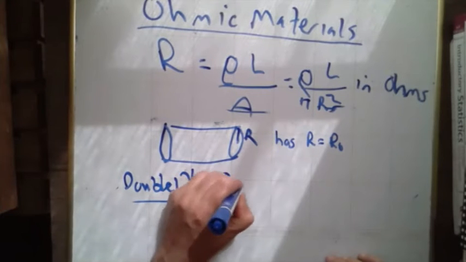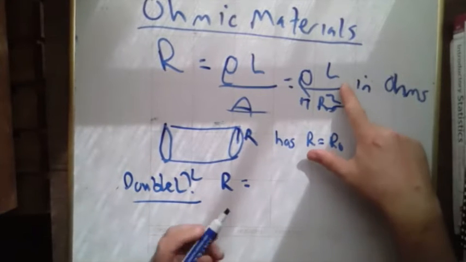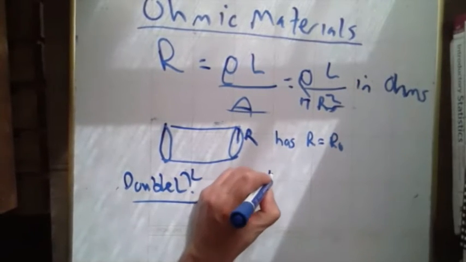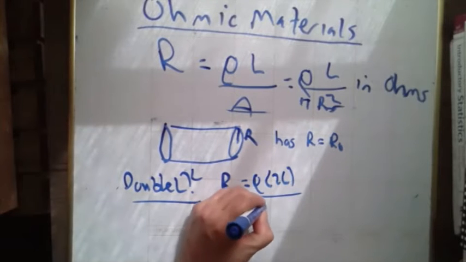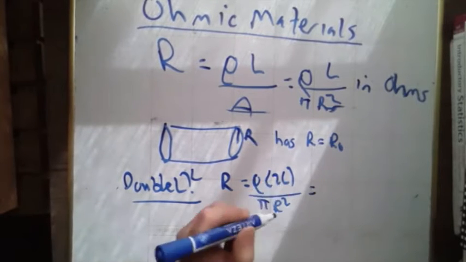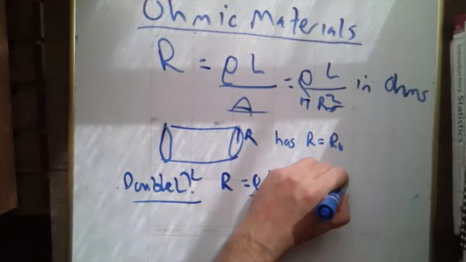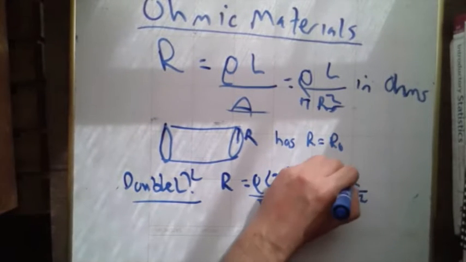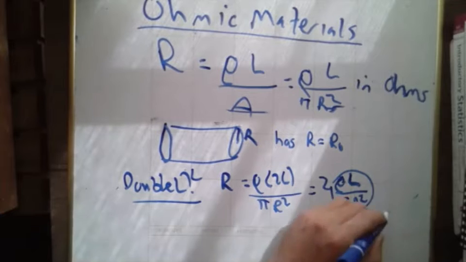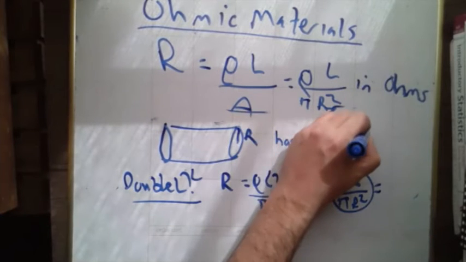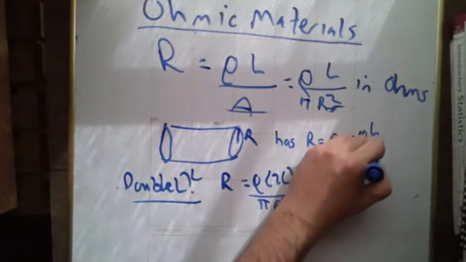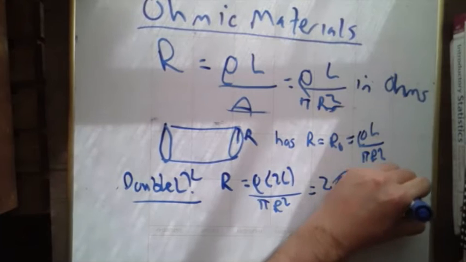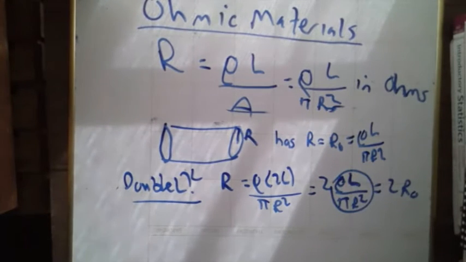Well, our resistance will be rho times 2L over pi r squared, which, if I pull that 2 out, is twice my old resistance. R naught was just rho L over pi r squared. That part's pretty easy, right? If I double the length, I double the resistance.